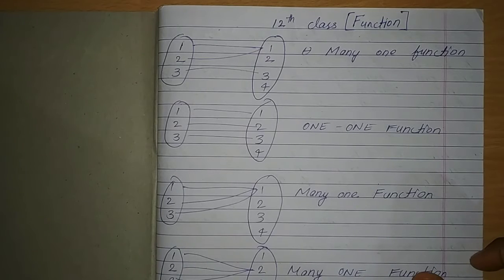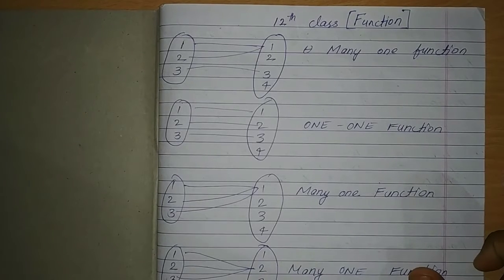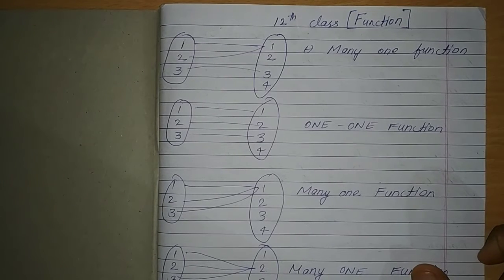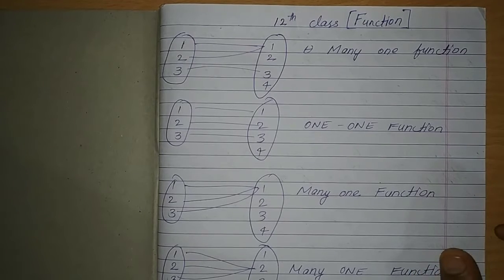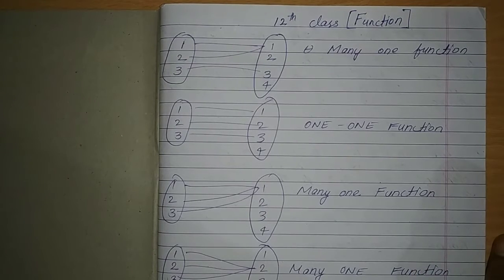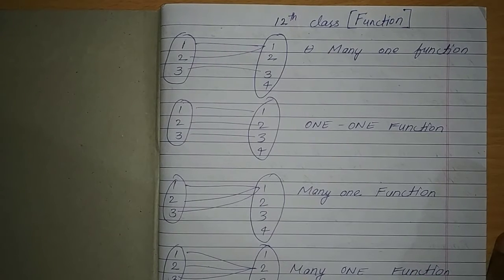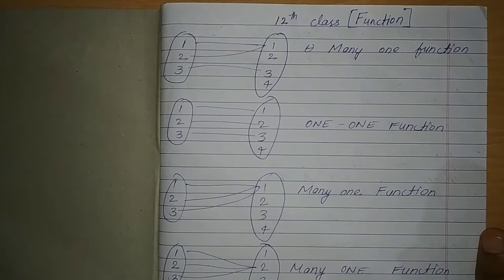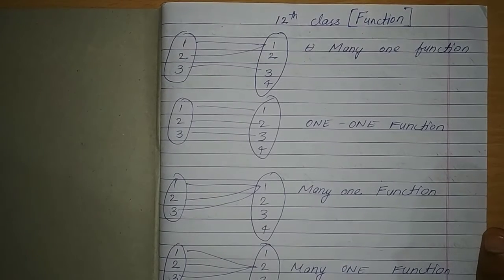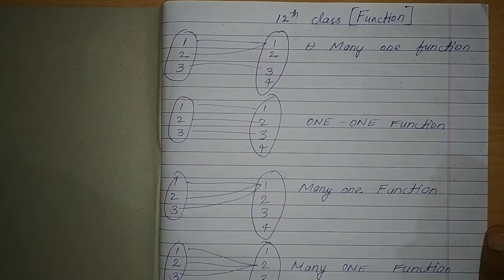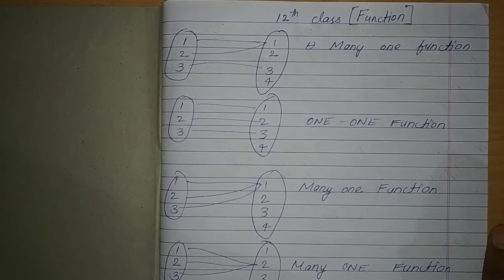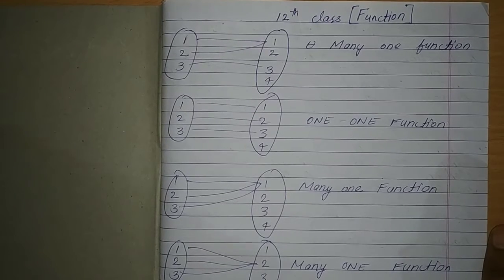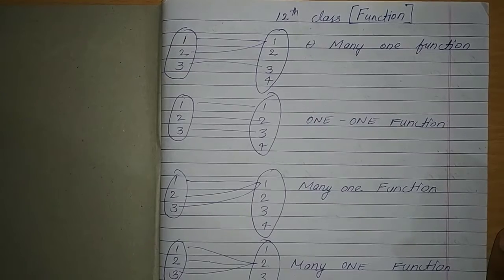So guys, in the previous video I told you that a function is just a special type of relation. I have told you some conditions for how a relation becomes a function. The first condition is that the elements inside a set A must have an image.